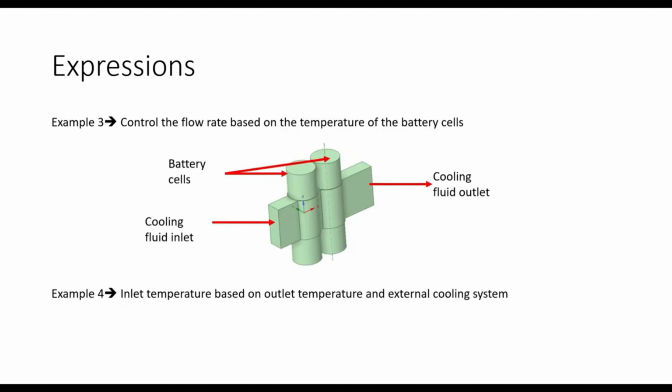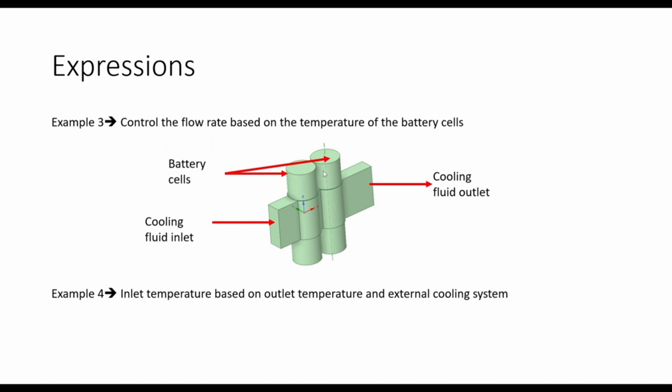Then in example 3, it is a little bit complexer. So I will show you how you can change flow rate based on the temperature of battery cells. So what exactly we will do? So I have shown here this example. You can see there are 2 battery cells, lithium ion battery. So let's say battery cell 1 and battery cell 2.